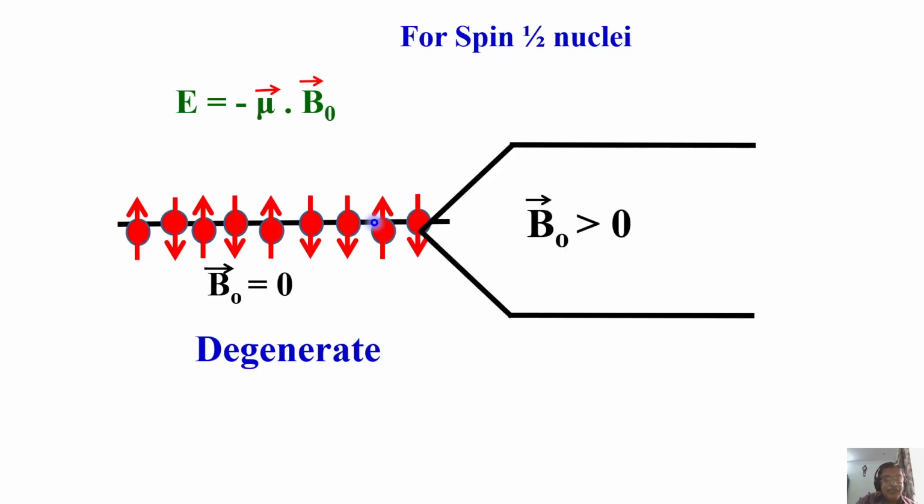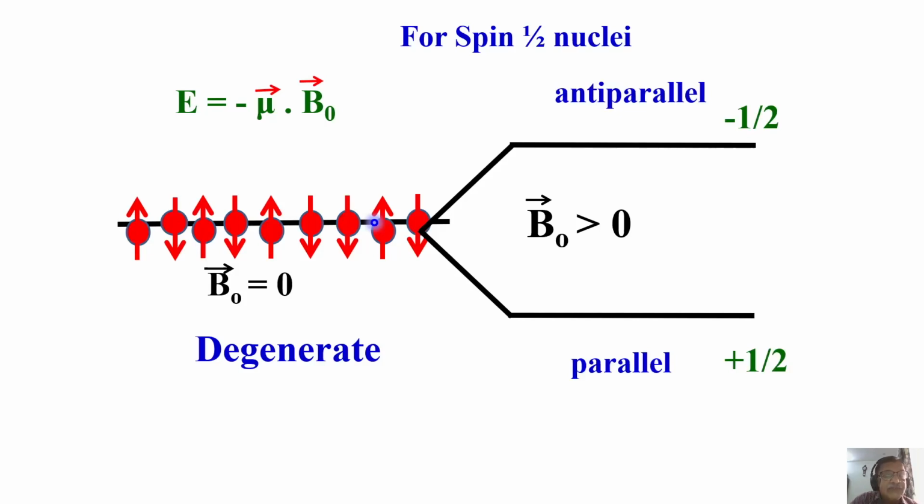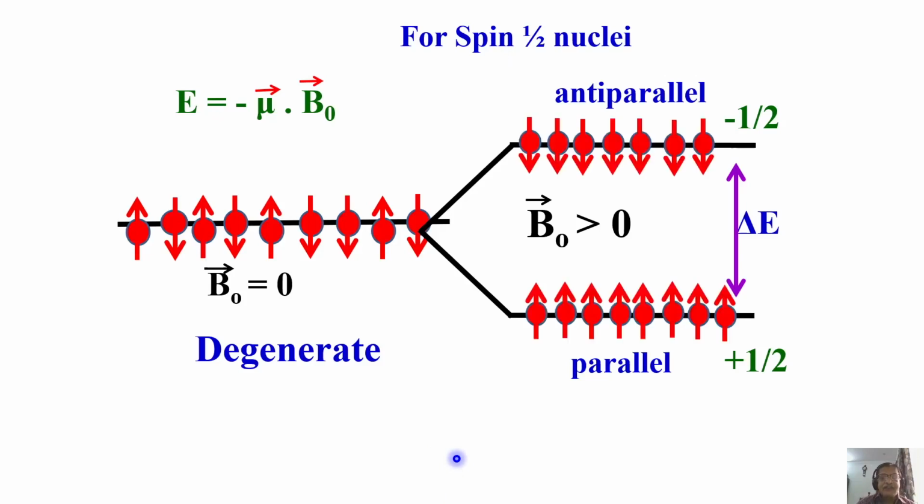Now, the moment you put it in the magnetic field, the degeneracy is removed. The interaction energy in the direction parallel to the field and in the direction opposite to the field have different energies. As a consequence, the spin orientation changes. It is no longer randomly distributed.